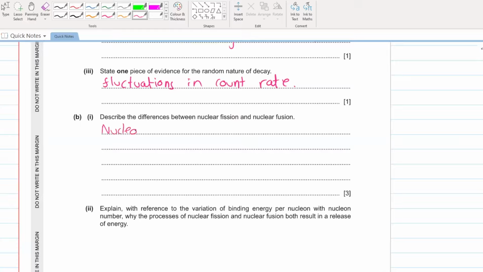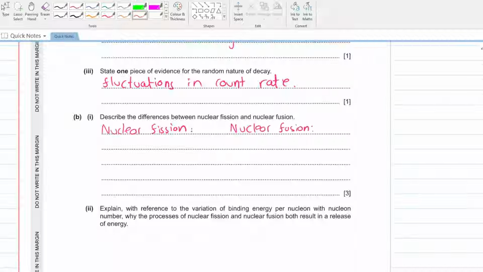Nuclear fission and nuclear fusion. You can tell in the chart as well. Don't be so dumb. Tell some differences. What will be the differences here? First of all, nuclear fission involves what?